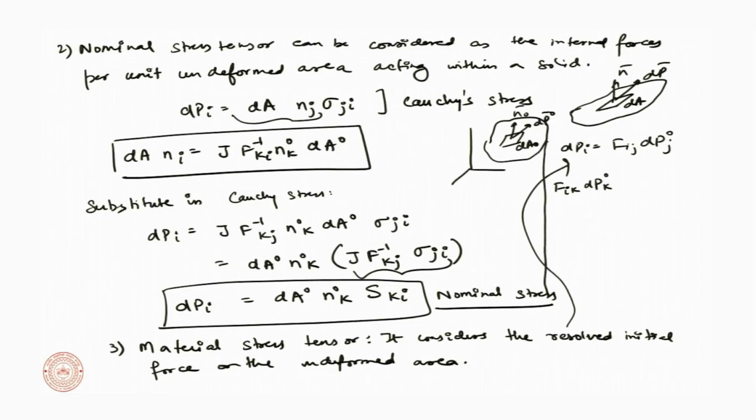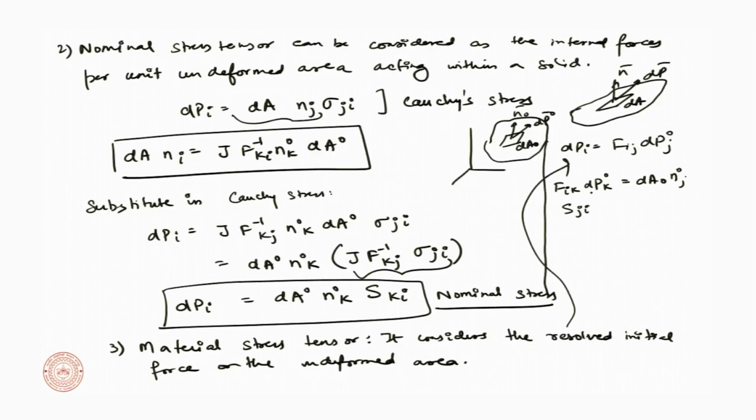This will give us dp i is equal to dA naught into n naught of k, or you can use j in this case as well because we have used k already, into S ji.